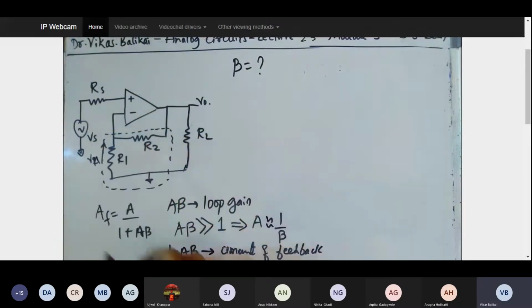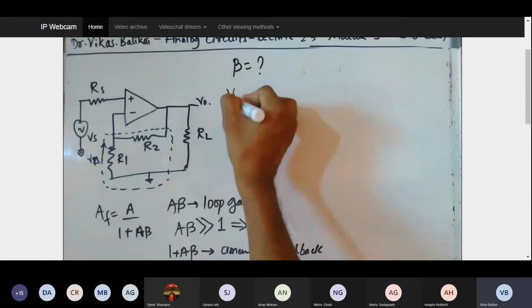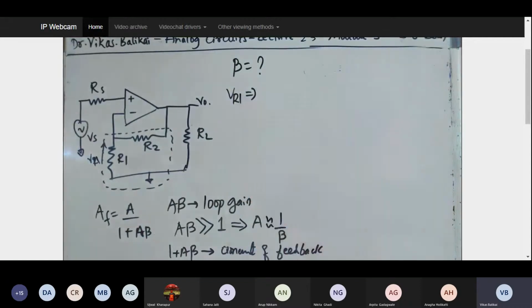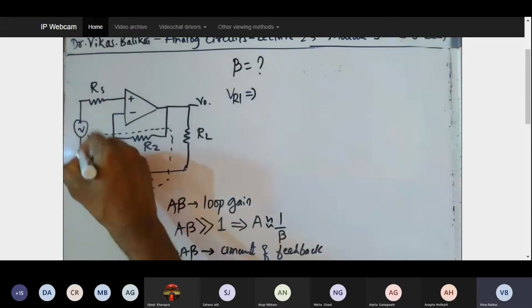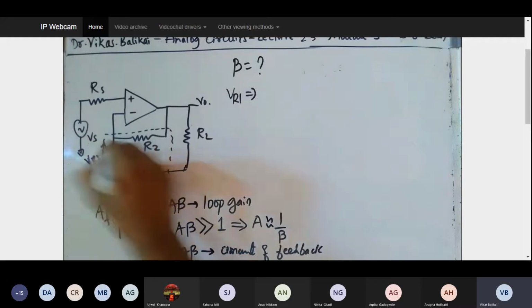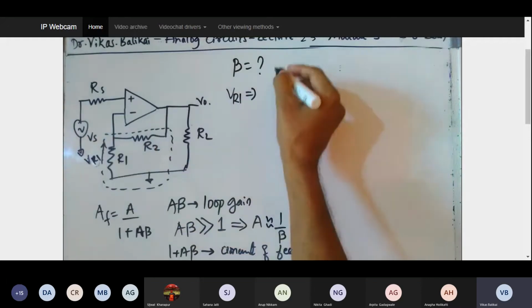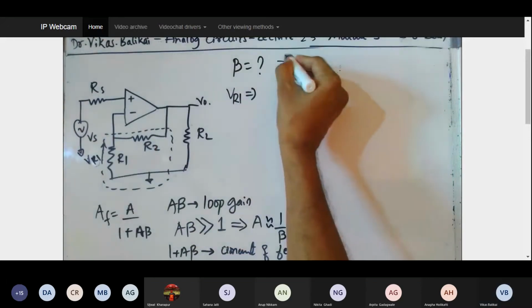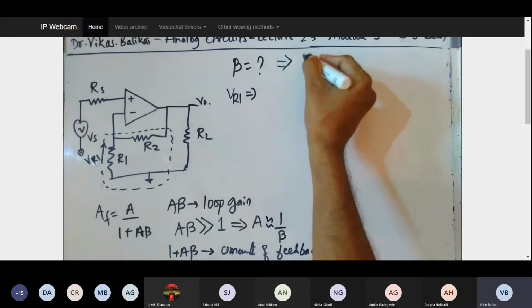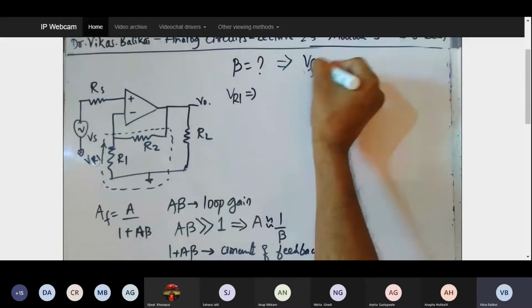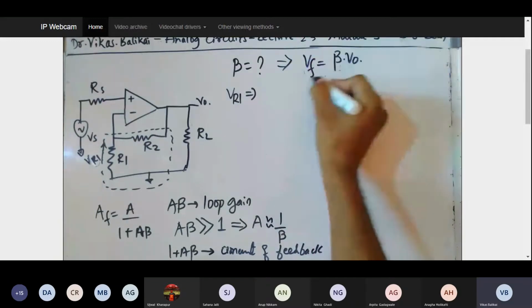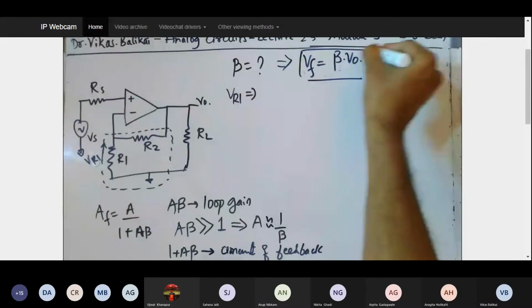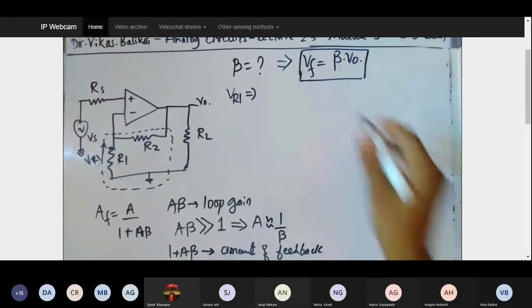So VR1 will be my voltage feedback entering the op amp. How do I express the feedback VF? Feedback is given by beta times V naught. This is what we usually express. Reply to me, yes or no.